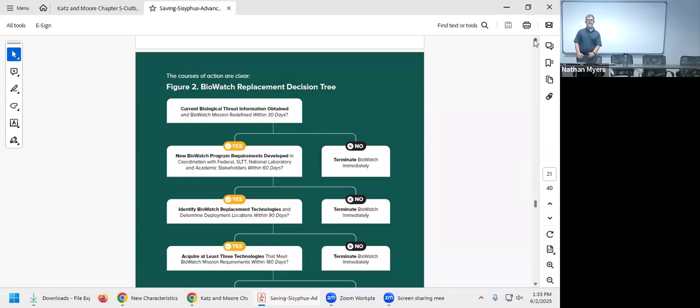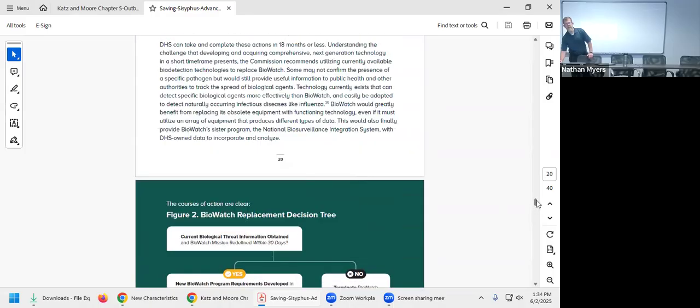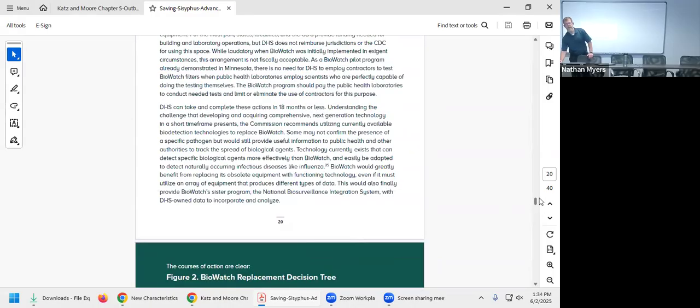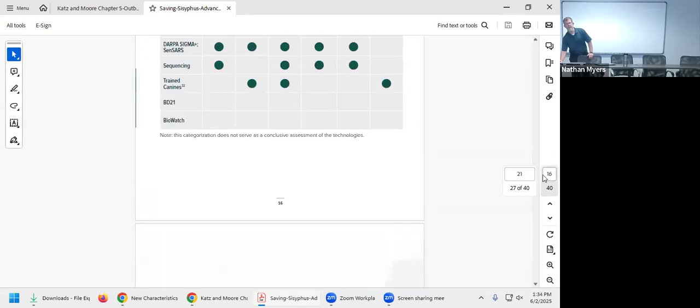So it gives a kind of decision tree of whether or not to replace BioWatch. So, questions that federal government authorities should be asking themselves to decide if BioWatch should be replaced or not.